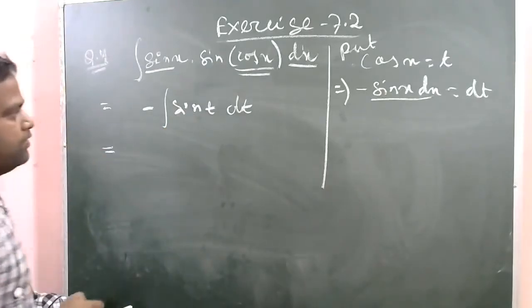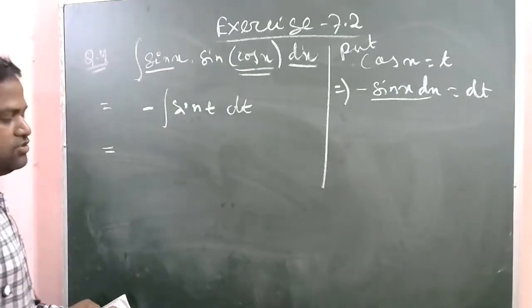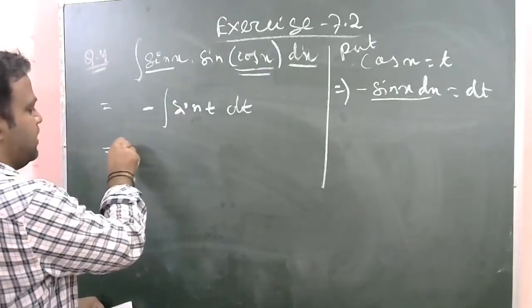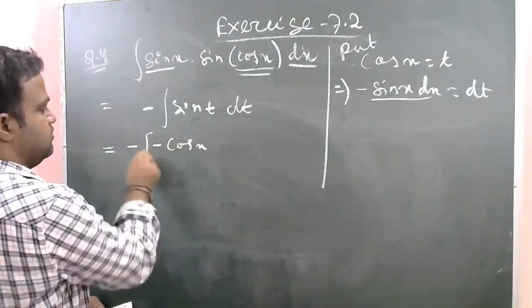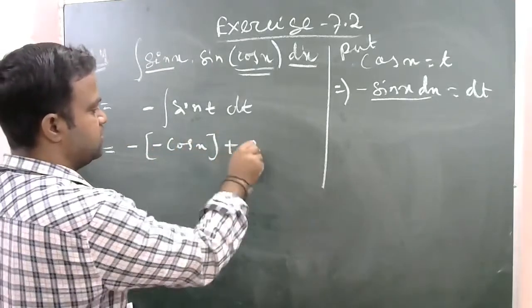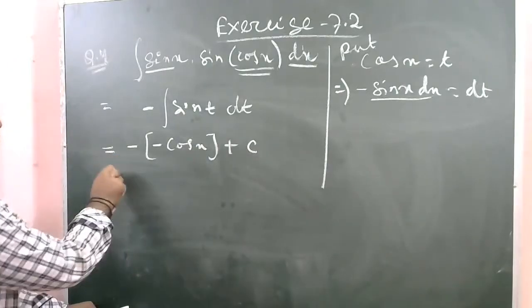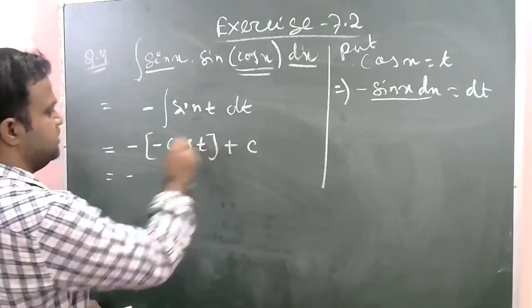So what will you do? The derivative of cos x is minus sin x, and the integration of sin x is minus cos x. So I'll write minus cos x and plus c, as this is an indefinite integral. Okay, so this will be minus, not x, this is t.